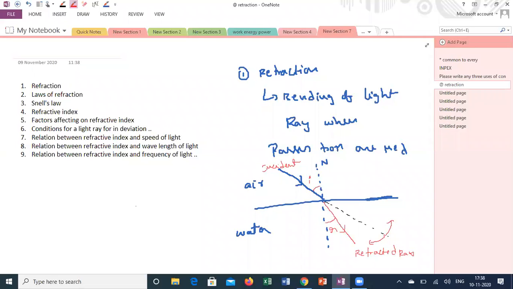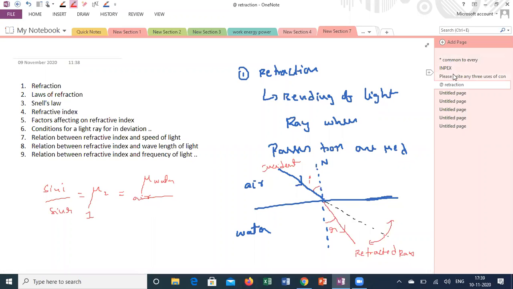The ratio of the sine of the angle of incidence to the sine of the angle of refraction of light is a constant, called the refractive constant, that is, the refractive index. Correct? Yes, sir. sin i by sin r is equal to the refractive index of the second medium with respect to the first medium. In this case, the refractive index of water with respect to air.